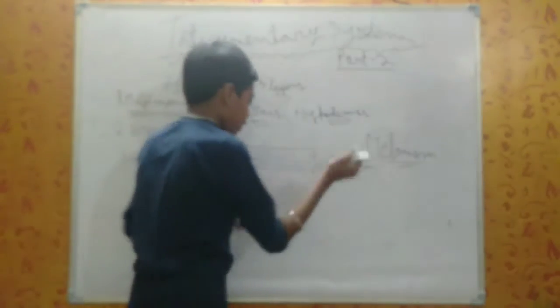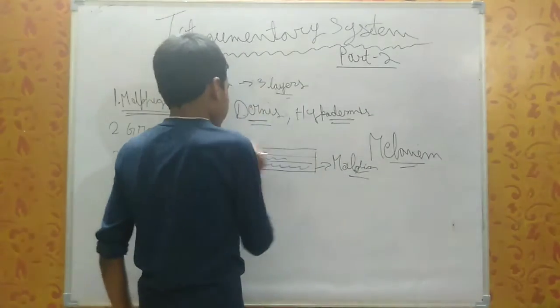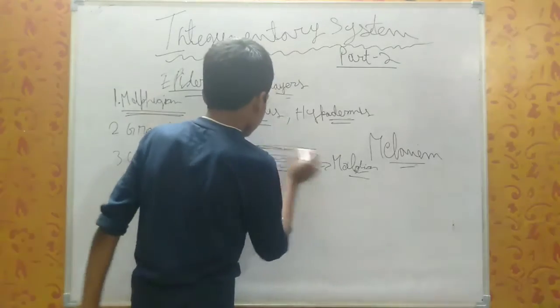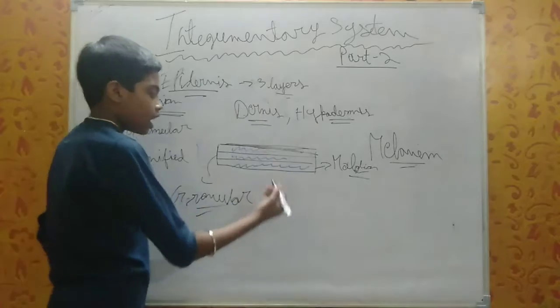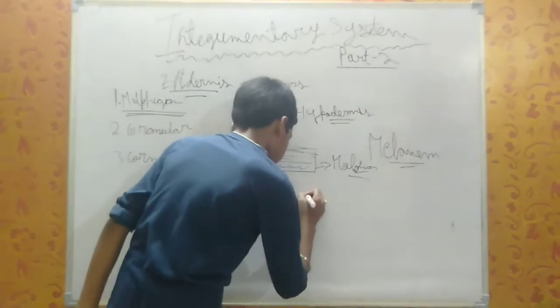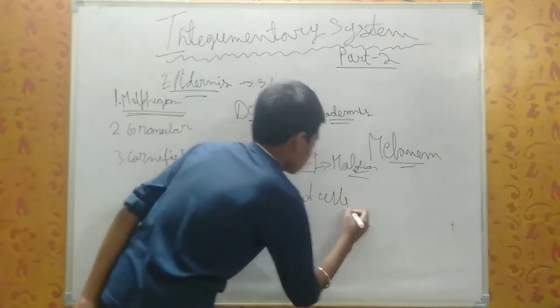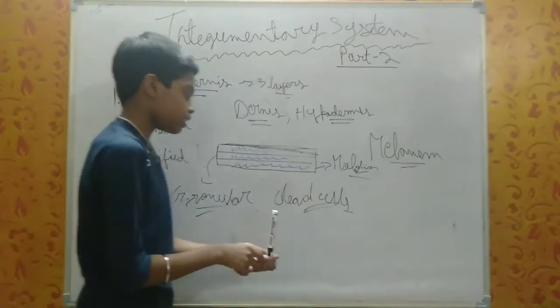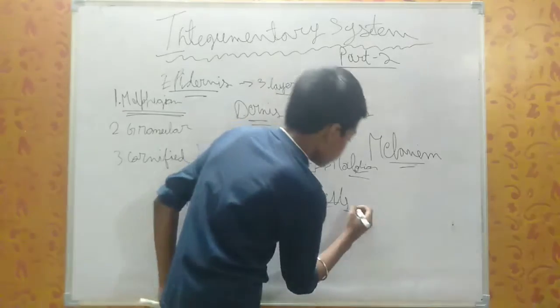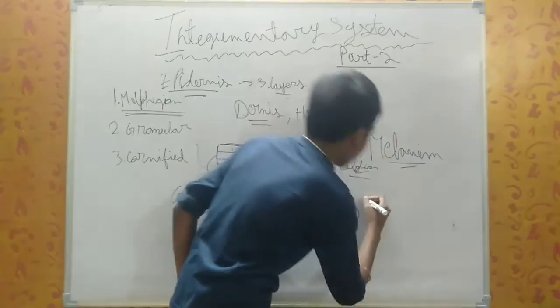Then we have the cornified, the uppermost layer, which we can see here, right? In the cornified there are dead cells present. Because of the dead cells, it is waterproof.